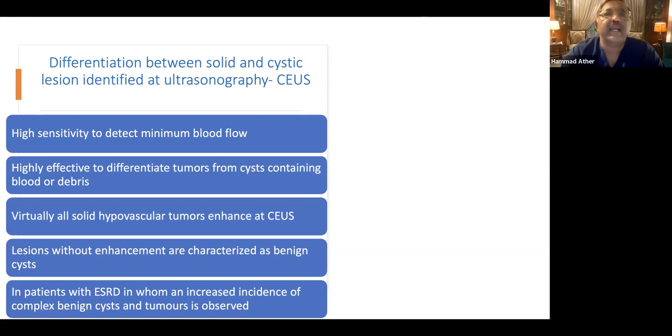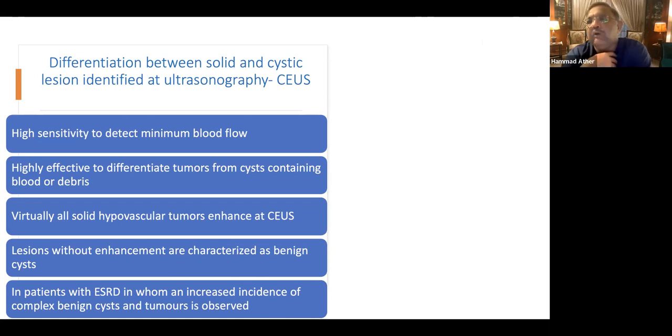The second indication or scenario is differentiation between solid and cystic lesions. The sensitivity of contrast-enhanced ultrasound is greater in detecting even minimal blood flow.